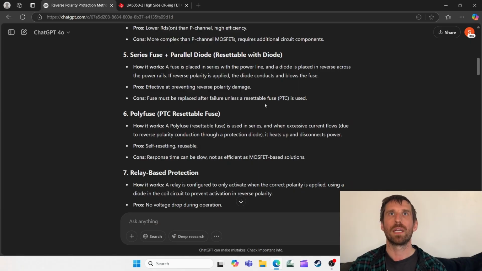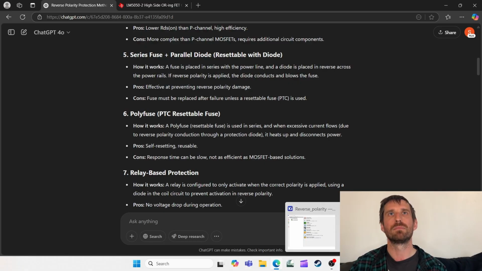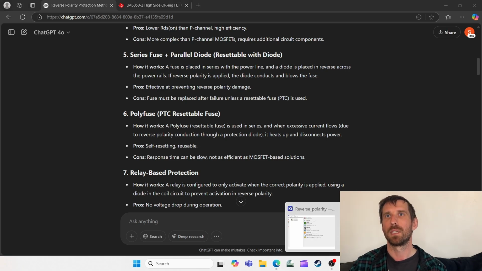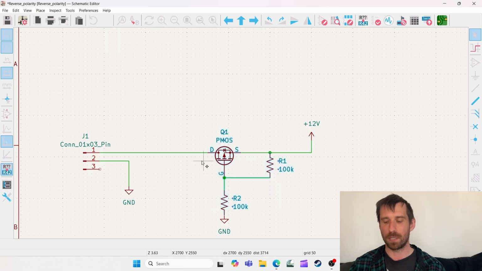Next one, series fuse and parallel diode. Let's just do that right off the bat without even reading this. This one, I have kind of done. The next one is the same thing, but with a PTC. So we'll just lump this all in one. So what they're talking about here, let's get rid of this.